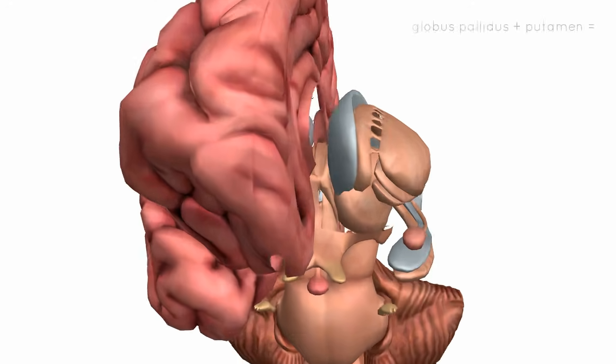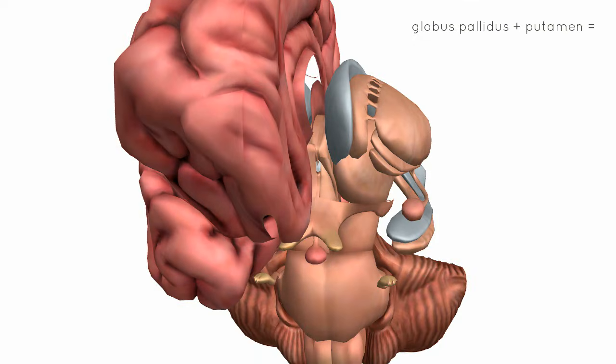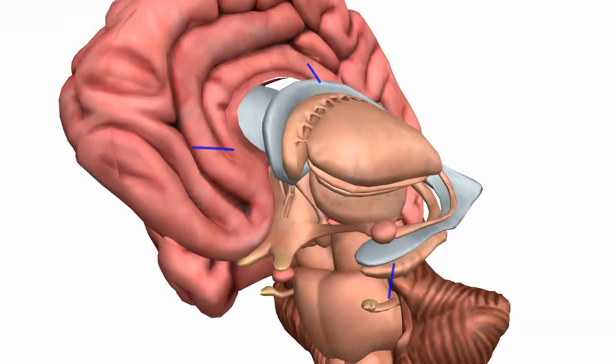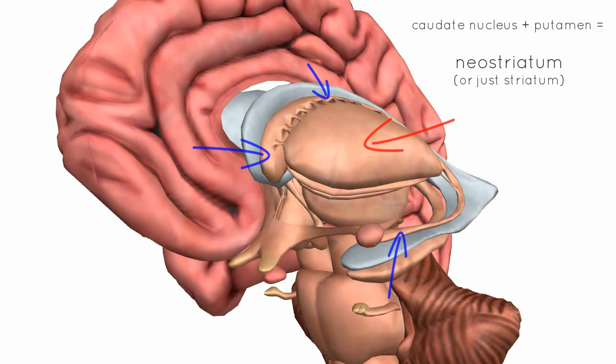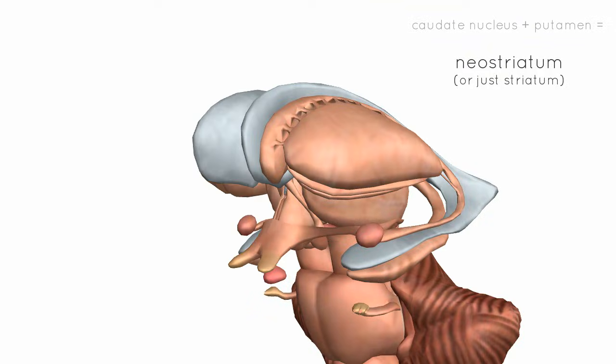Collectively the globus pallidus and the putamen are referred to as the lentiform nucleus, or the lenticular nucleus, and the caudate nucleus, which is this structure with the head, the body, and the tail that winds round, combined with the putamen, is called the neostriatum. So you've got these structures on both sides.